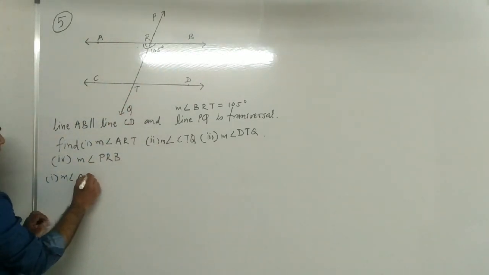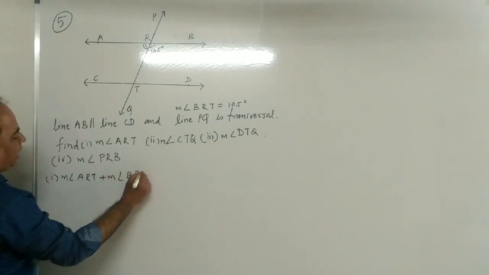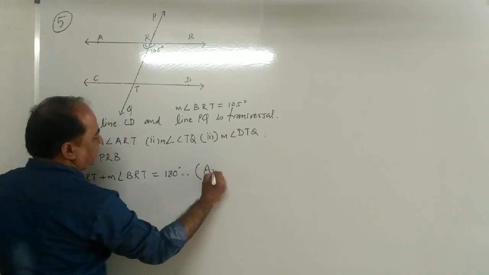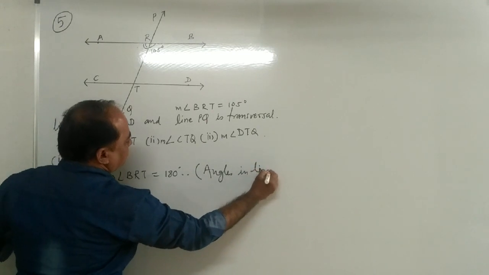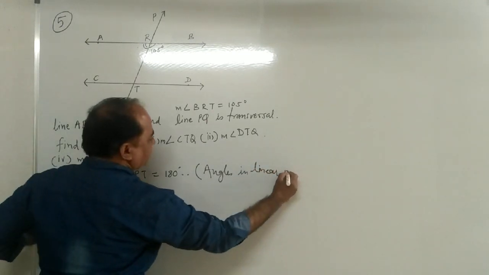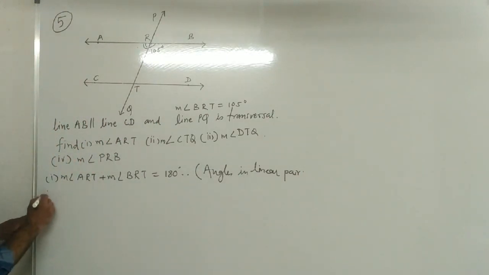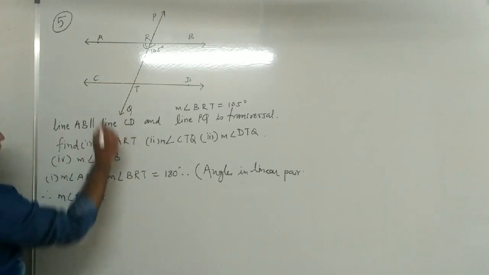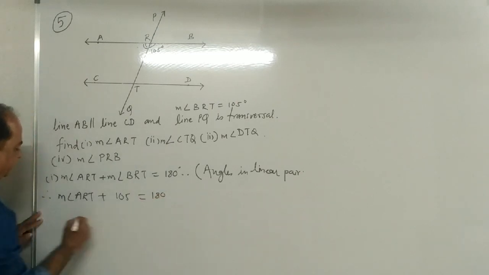So measure of angle ART plus 105 is equal to 180.